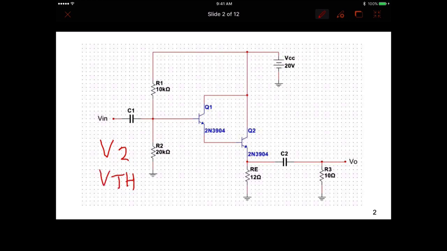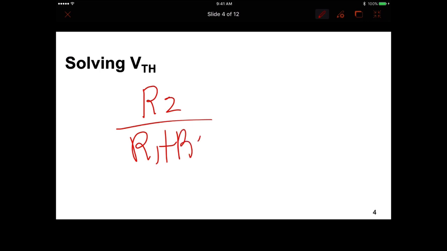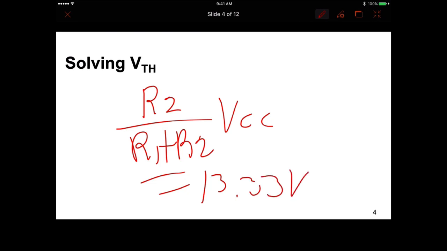And again, it's just the voltage from the base down to the ground. So it's going to be R2 over R1 plus R2, times VCC. So that's 20 divided by 30 times 20, which is 13.33 volts.